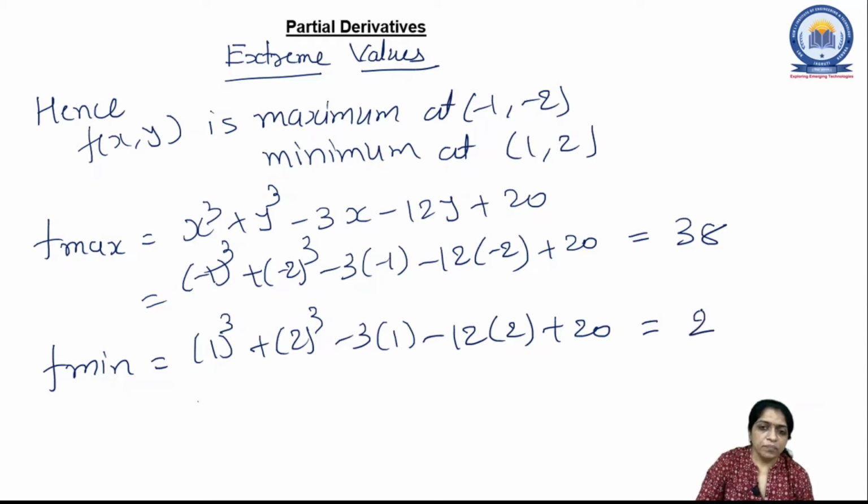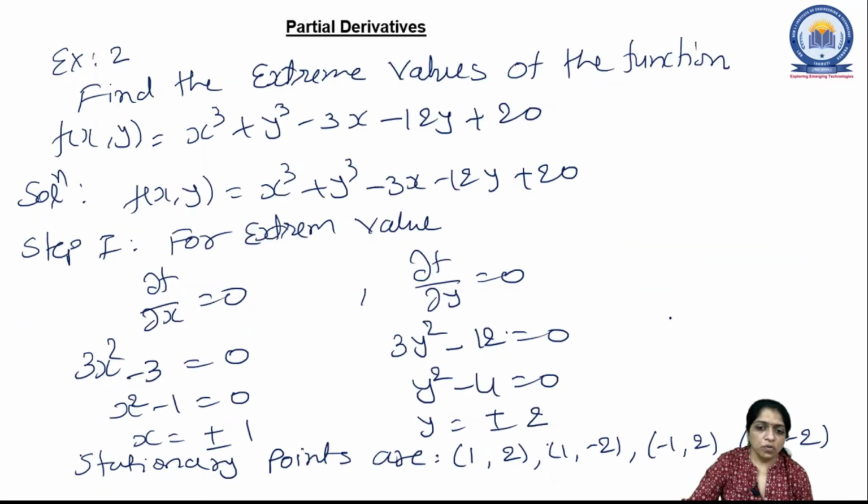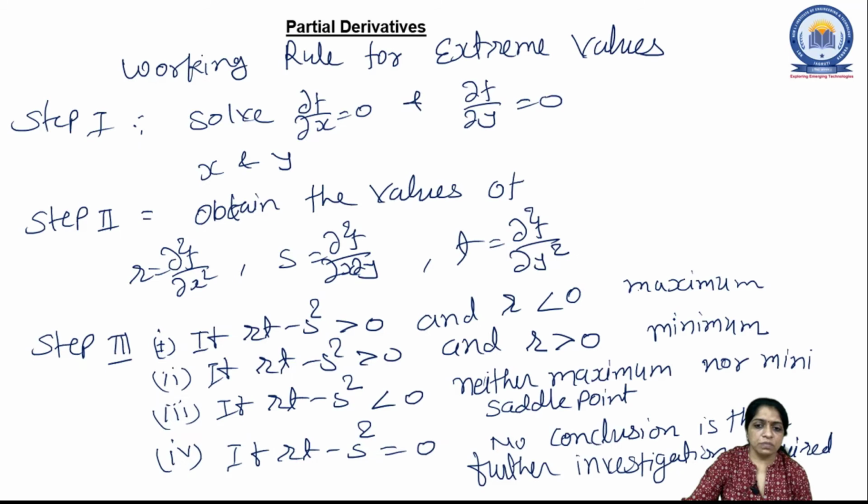So students, this is the rule for finding the extreme values for any given function. We have to follow a total of 3 steps. In the first step, we set the derivative of f with respect to x and the derivative of f with respect to y equal to 0. And after solving these two equations, we get the values of x and y.